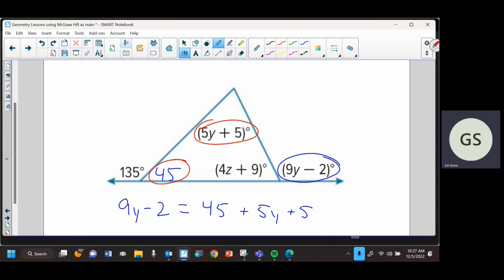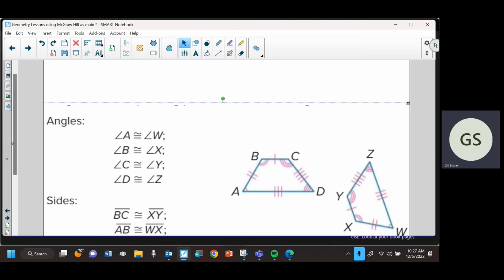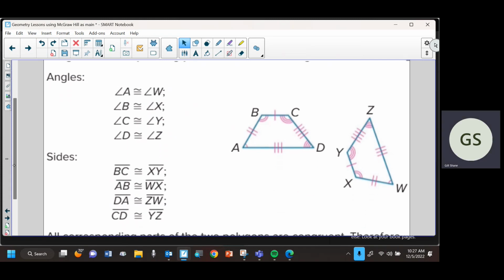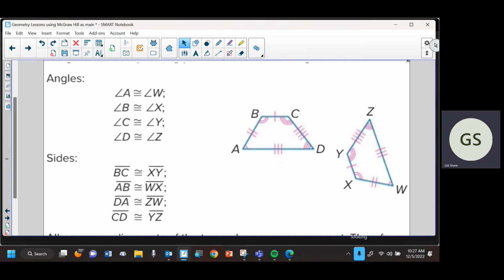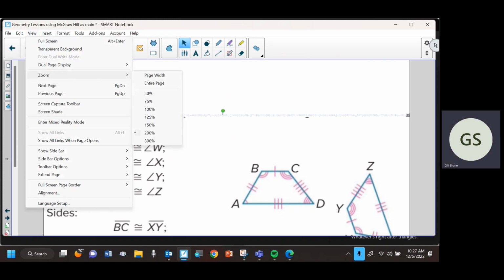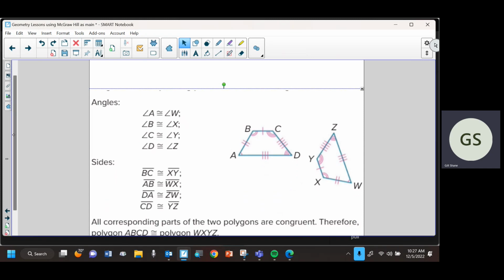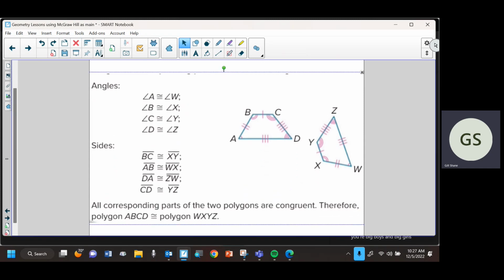Look at your book pages. Turn to, I don't remember the page. You're looking for this figure though. Whatever's right after triangles. I can pull it up for you if you can't find it, but I'm assuming you're big boys and big girls, you can find that figure.